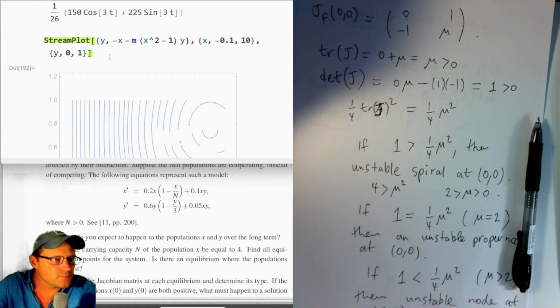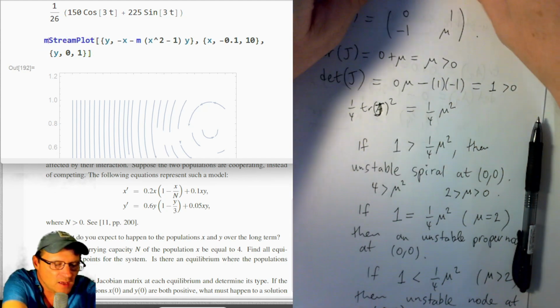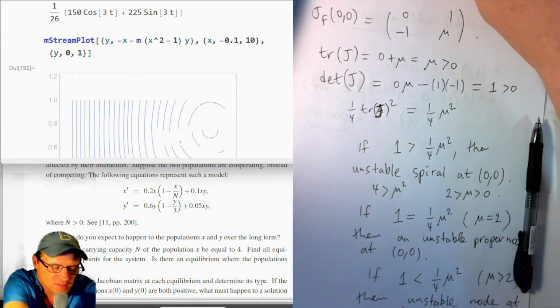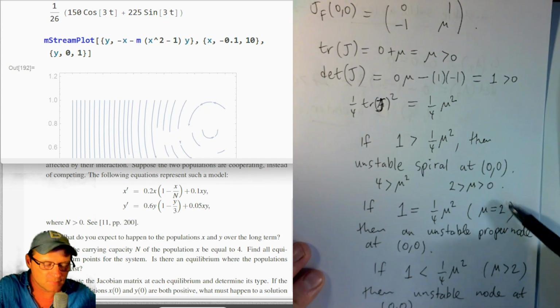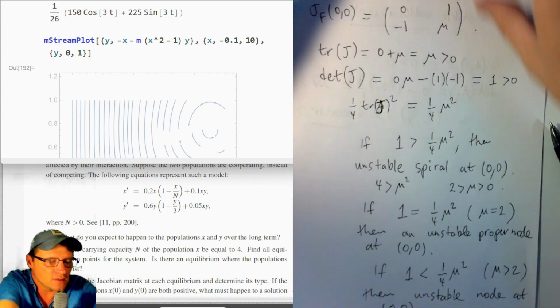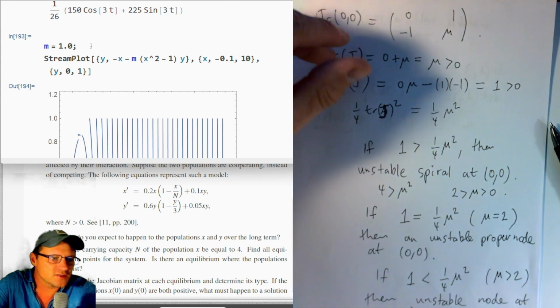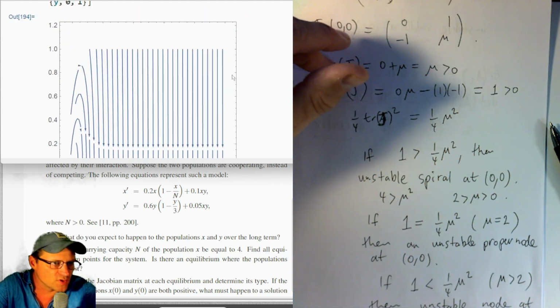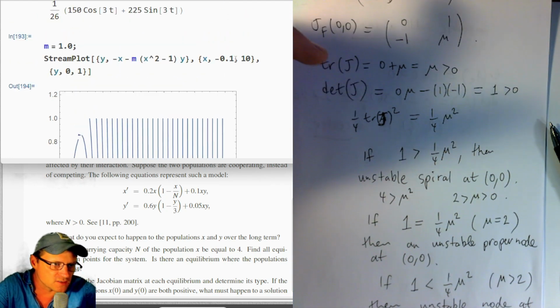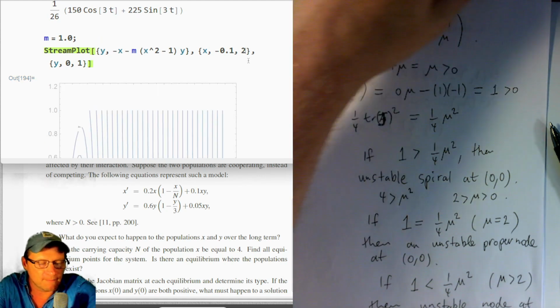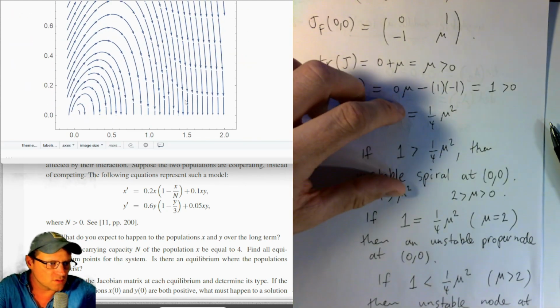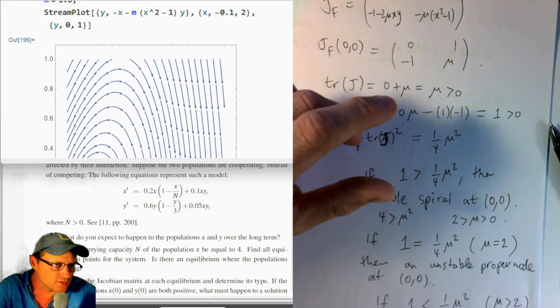Yes, okay. So if I give m a value, say something, what did we say? Less than 2, m equals 1.0, for example. Let's try this. And then we need to bring back our plot range down to, say, 2. Okay, and let's give some negative values as well.